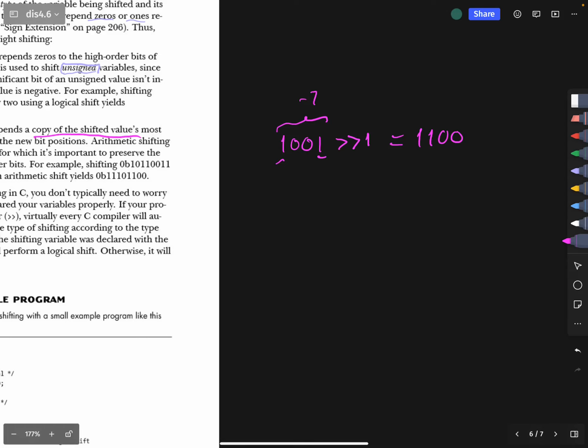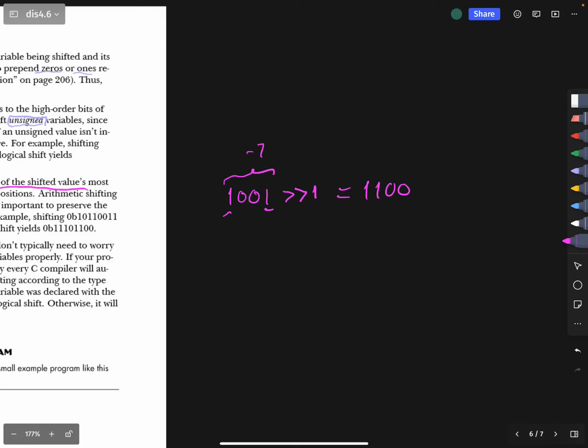Now, we hope that this is somewhat like division by 2. So let's think about taking -7 and dividing by 2. We know that the result should be negative. Let's say that this is -3.5 and take it from there. When taking integers and returning integers, we can't have this decimal, so what we almost always do in a situation like that is truncate.